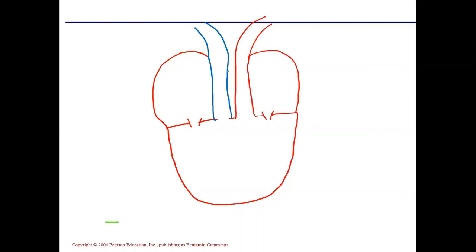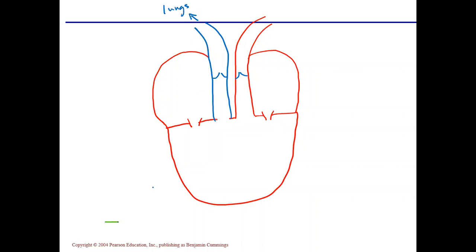As you know, we have a semilunar valve right here, the aortic semilunar valve, and the pulmonary semilunar valve. This goes towards the lungs.